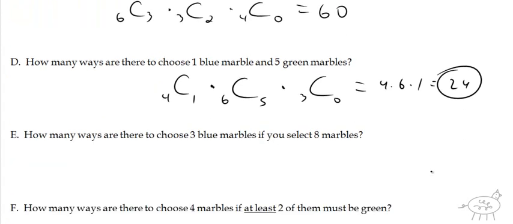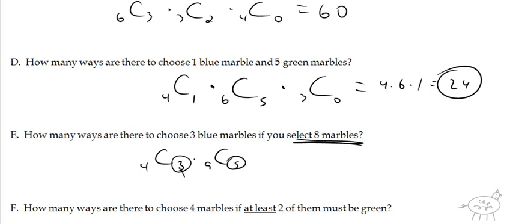Okay, letter E. How many ways are there to choose 3 blue marbles if you select 8 marbles? Okay, so think about it. There are 4 blue, and I'm picking 3, but I'm selecting 8 total, right? So that means out of the other 9, because if you add up the green and the red, that's 9 marbles, and I'm picking 5 of those.